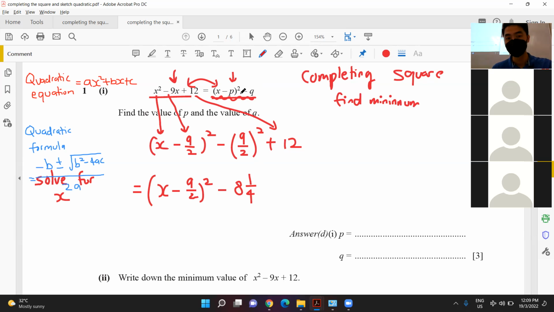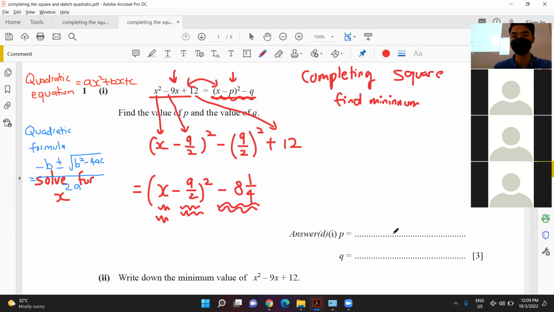So they're telling you to format the quadratic into completing the square. So what I have here now is x minus p, squared, minus q. Again, x minus p squared minus q is the formatting already.